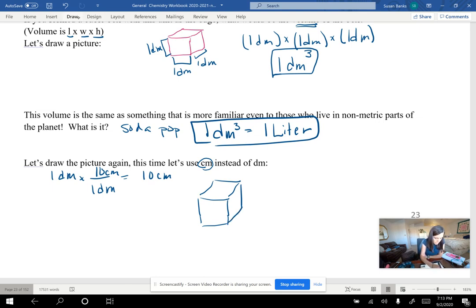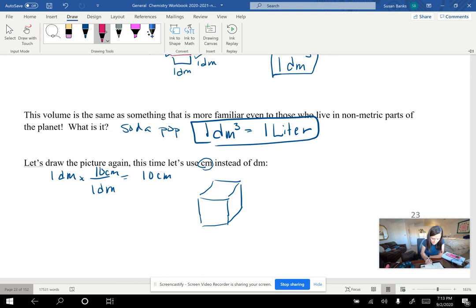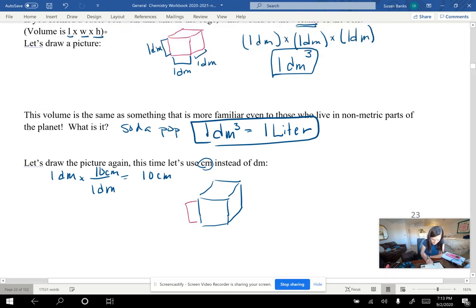I'm going to change my color again so it gets a little less confusing. So 10 centimeters on this side, 10 centimeters on this side, and 10 centimeters on this side.